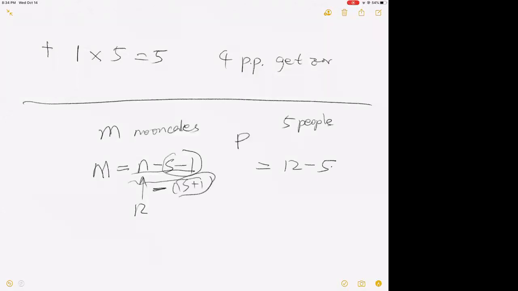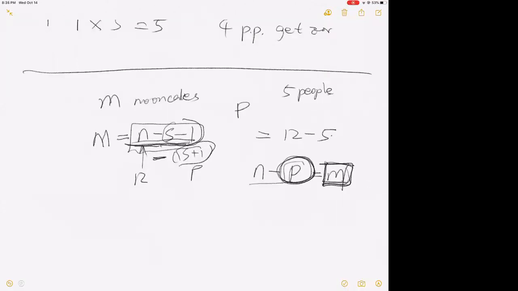This is actually P. You had the number of mooncakes minus the number of people, because each person will have at least 1, and then the remainder you define as M. So for the remaining M mooncakes, when you allocate these M to P people, some of them may get 0. So that's where you get n minus s minus 1. I'd like you to understand why it is this rather than just get a formula.